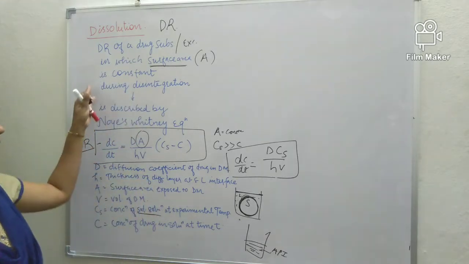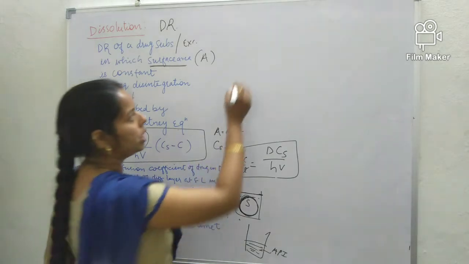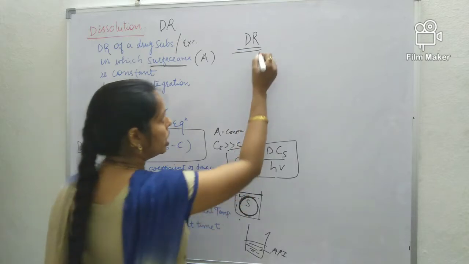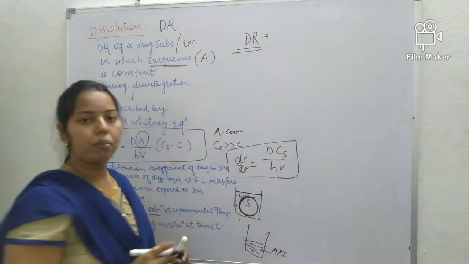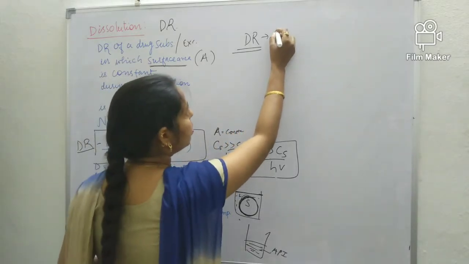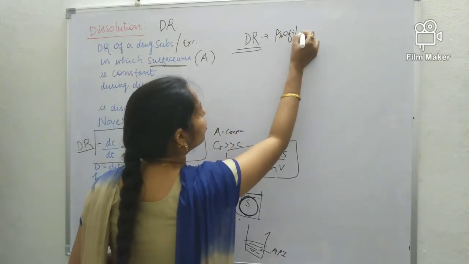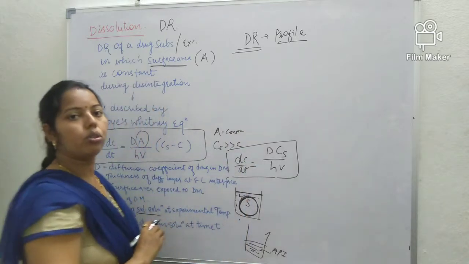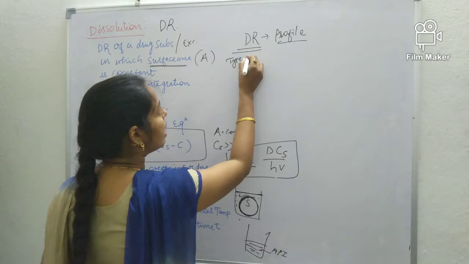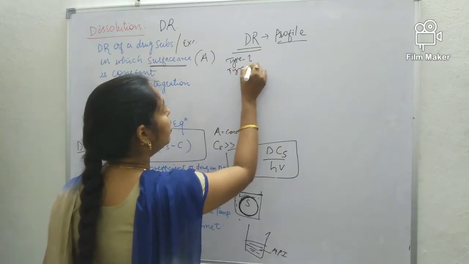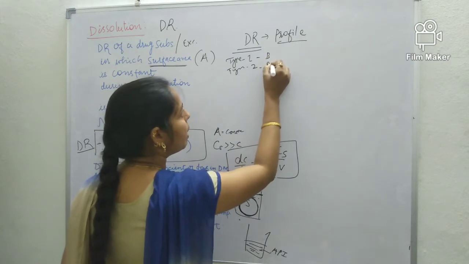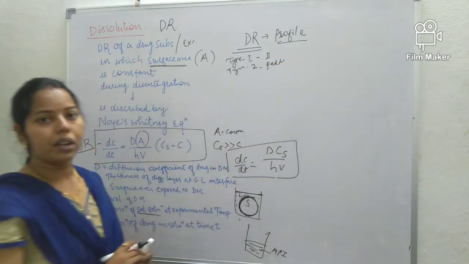After that, when we perform the dissolution rate study, generally we use tablets for the dissolution rate determination or to determine the rate profile of different drugs. In the dissolution apparatus, there are two types, type 1 and type 2. Type 1 is basket type and type 2 is paddle type apparatus.